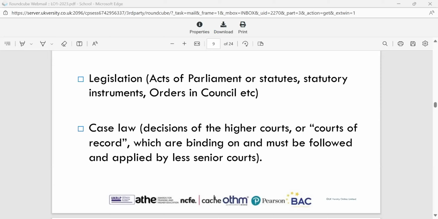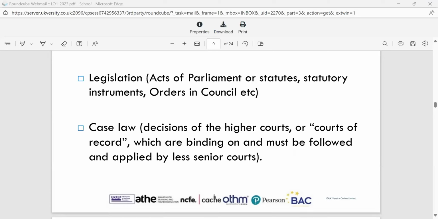Yes, they will look at the facts of that case. They will look at how that case helps this case, and they will take into account past cases when they're making decisions. So case law is really important. Decisions of any higher courts are binding on lesser courts.